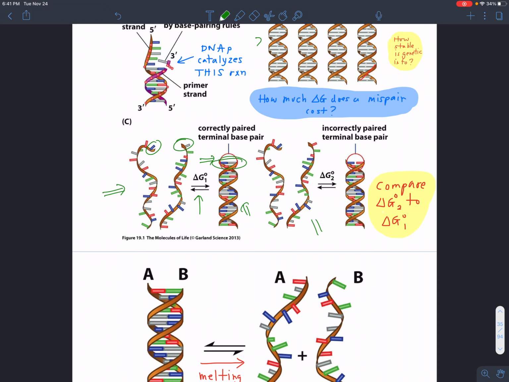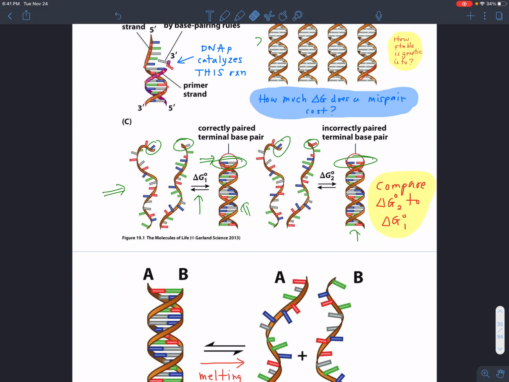On the other hand, you can start with two single-stranded DNAs, anneal them, even though they have an incorrect pair at the end. And so you get a mispair at the end, and there's a delta G associated with that. The mispair doesn't stop this whole DNA from annealing together. It still anneals together just fine.